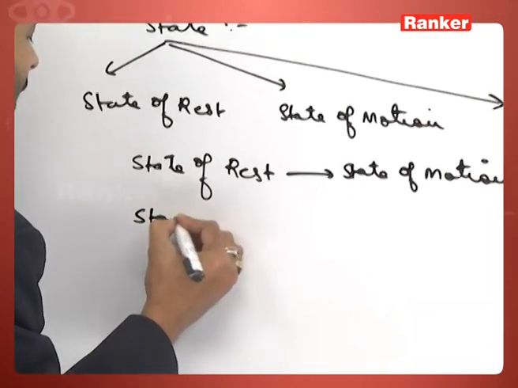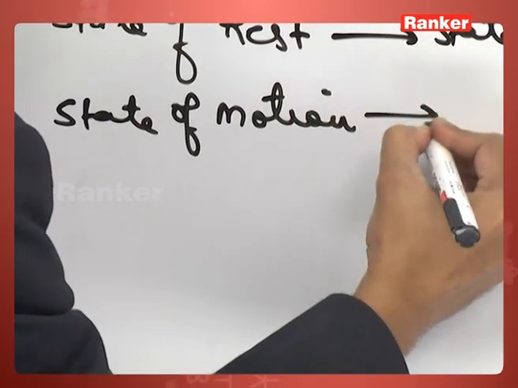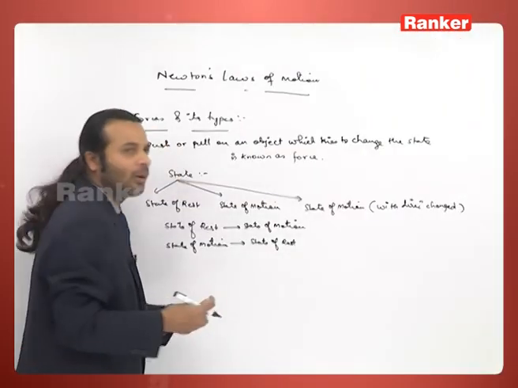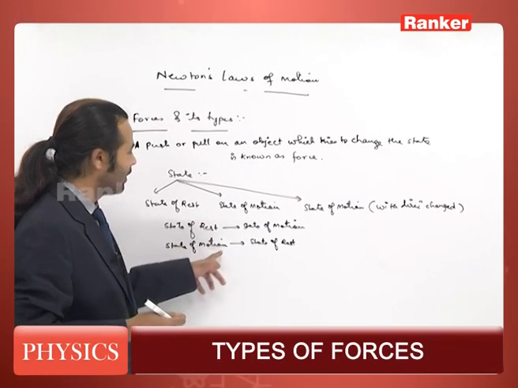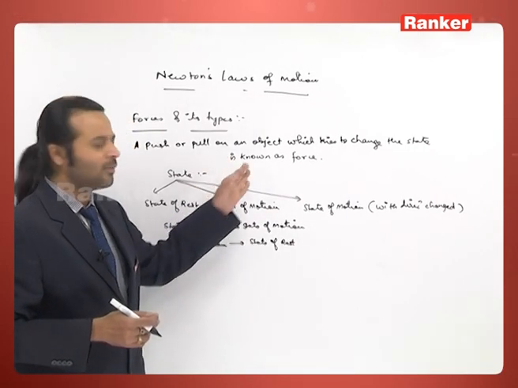Or we can say state of motion to state of rest. That means either a push or pull which can change the object's state of motion to state of rest, that quantity is defined as force.